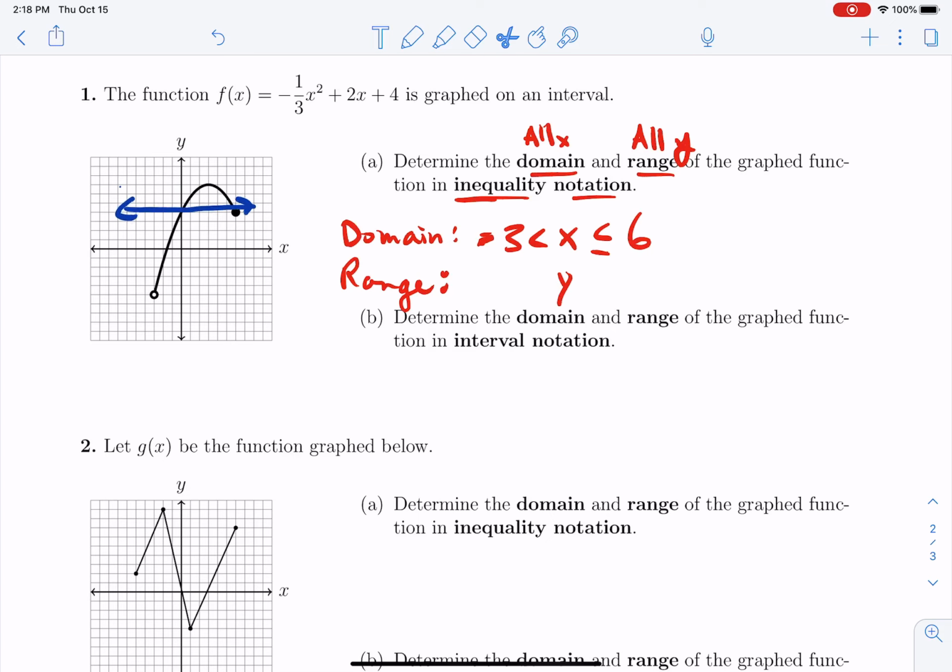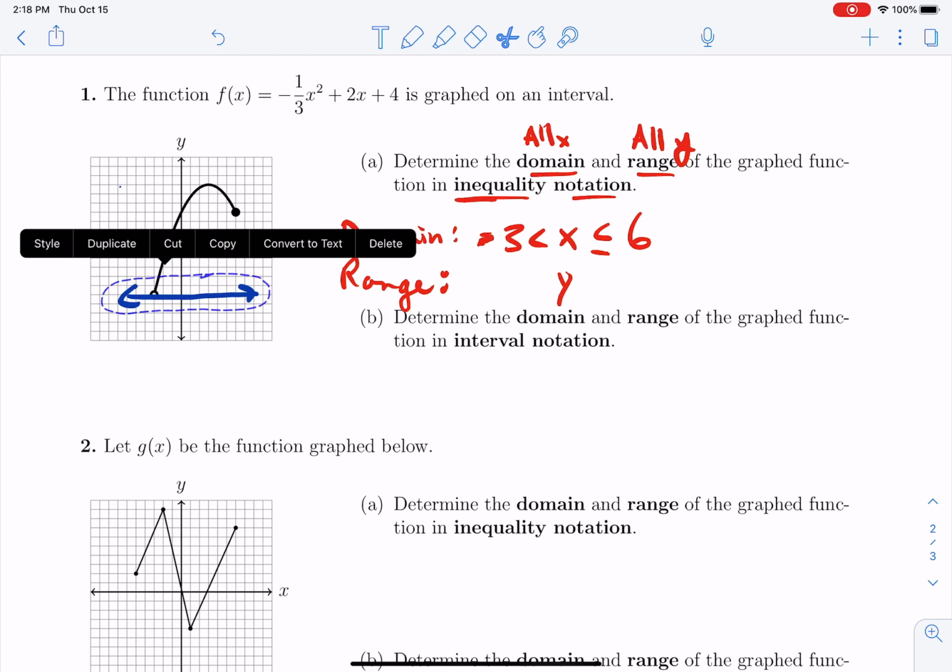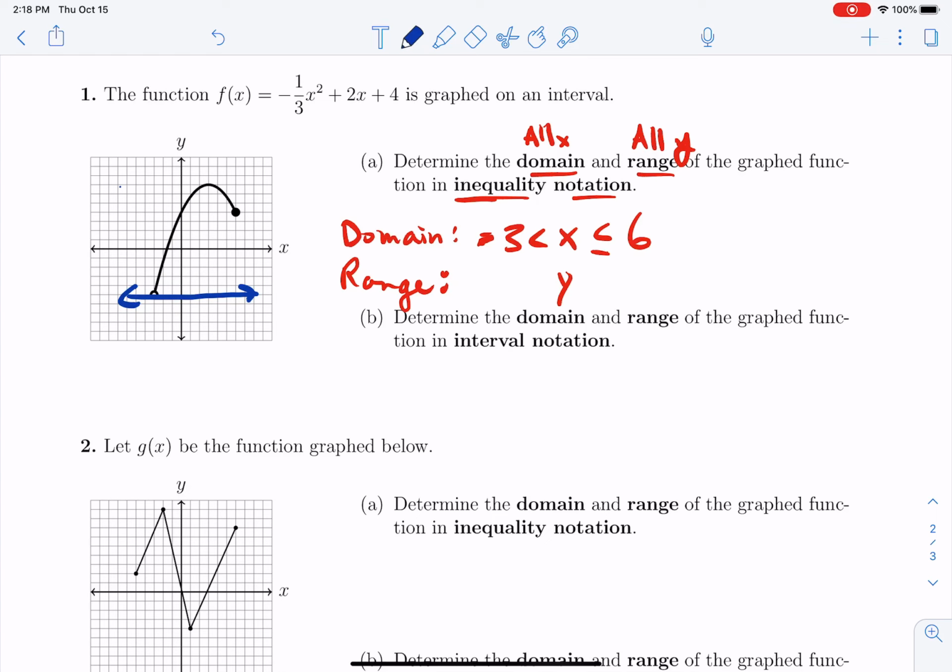If I move my horizontal line up and down the function, I can see that the smallest y value occurs here. Okay, so that is at y -5. Now, is that y value included? It's not included, so I'm just going to do -5 is less than y.